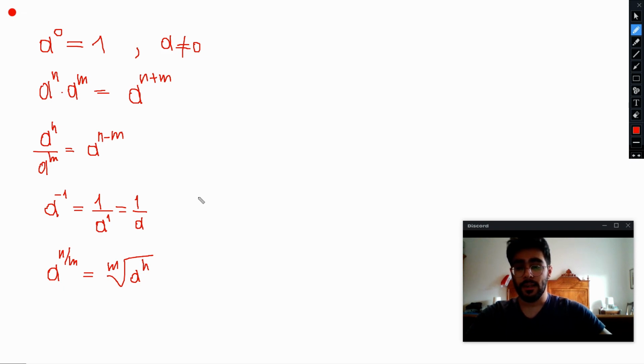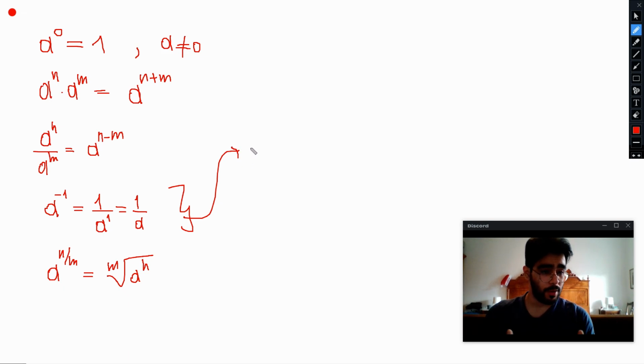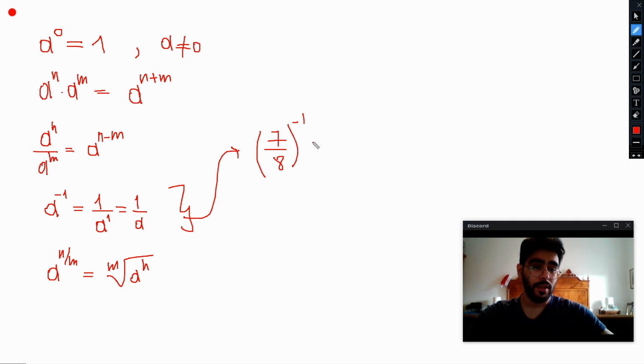To give one example for this one, in a certain case, this is not only for whole numbers, it also holds for fractional numbers as well. For example, if we have 7 divided by 8 to the power of minus 1, this negative sign means convert the numerator and the denominator to each other's place.